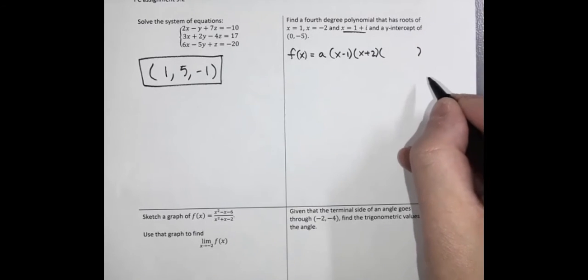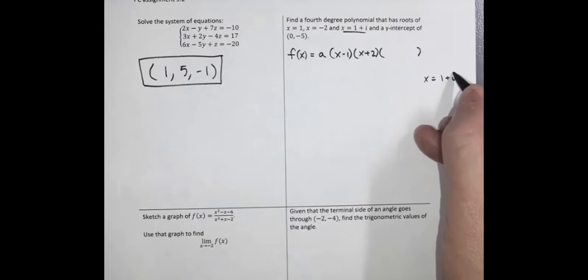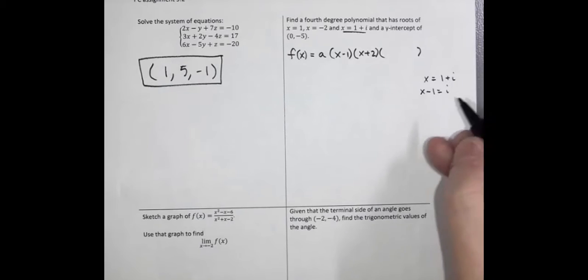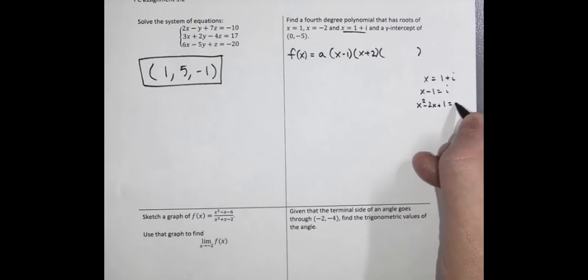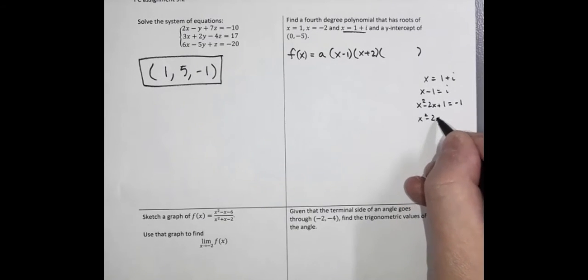So recall the way that we find that quadratic is we can pretend that x equals 1 plus i, which would mean that x minus 1 would be equal to i, so that x squared minus 2x plus 1 would be equal to -1 by squaring both sides, and x squared minus 2x plus 2 is equal to 0.